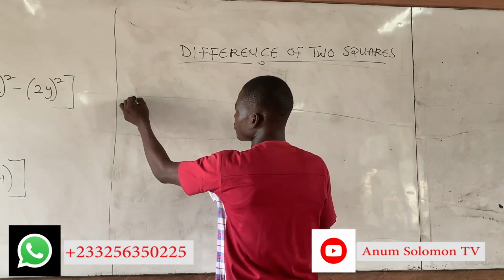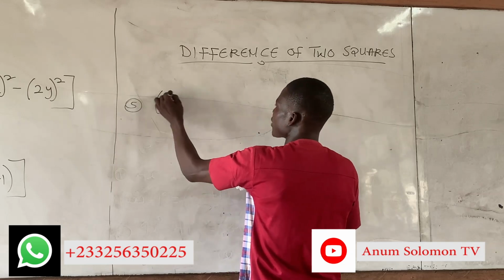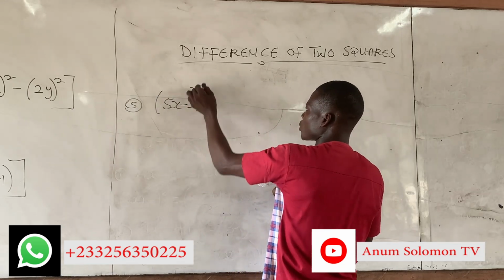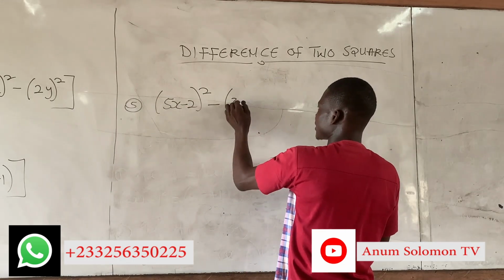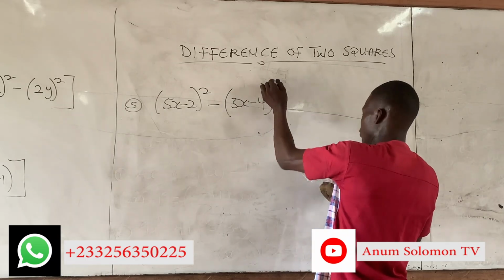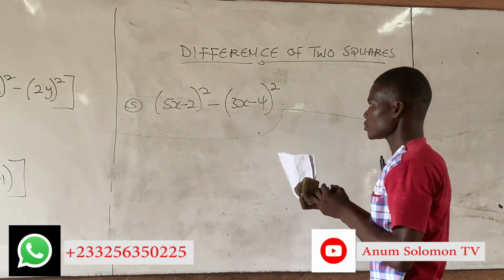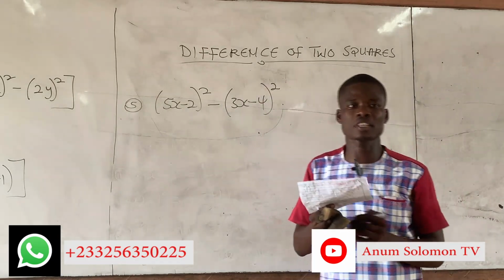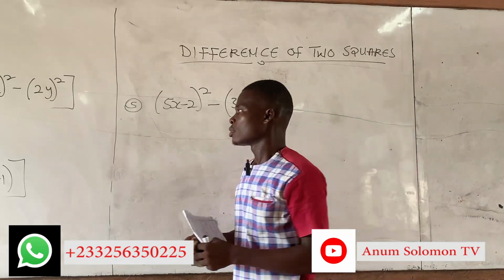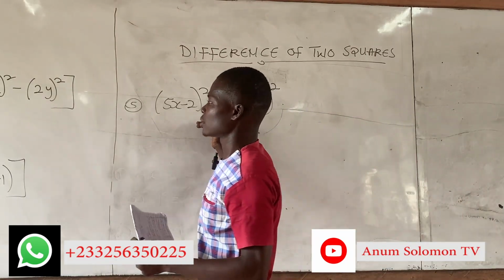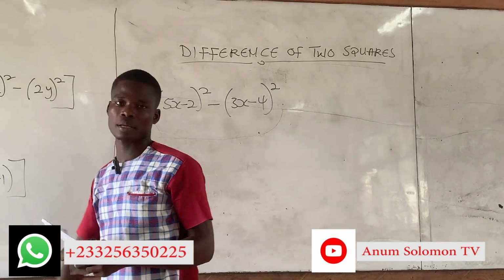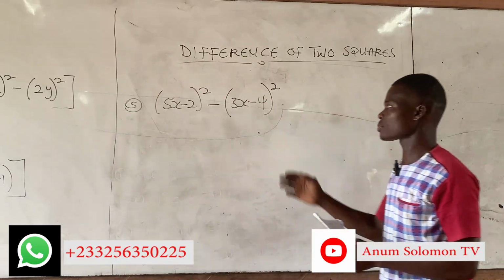So that is the fifth problem. It's 5x minus 2 all squared minus 3x minus 4 all squared. We have to solve this problem. This problem is almost the same as the previous problem. So now let's solve this problem.